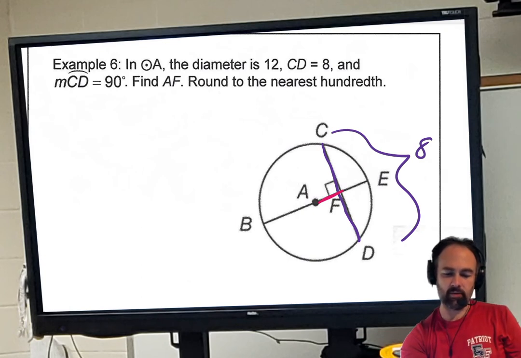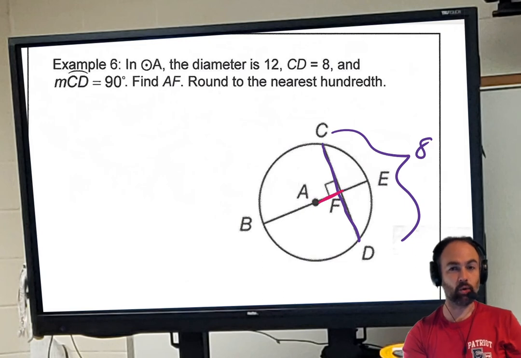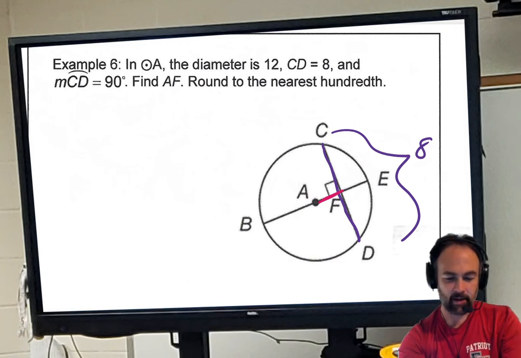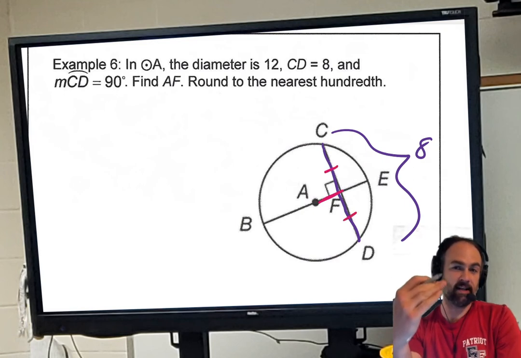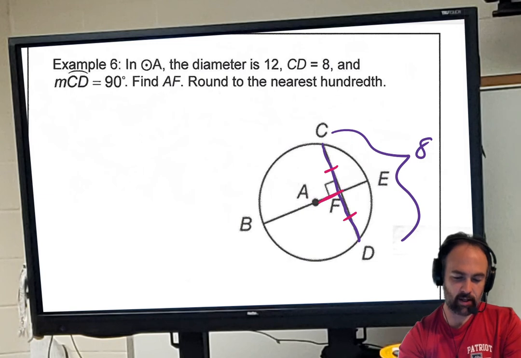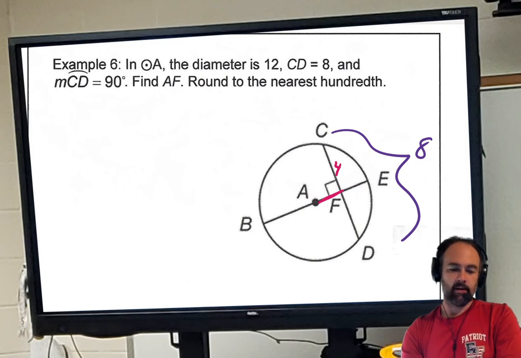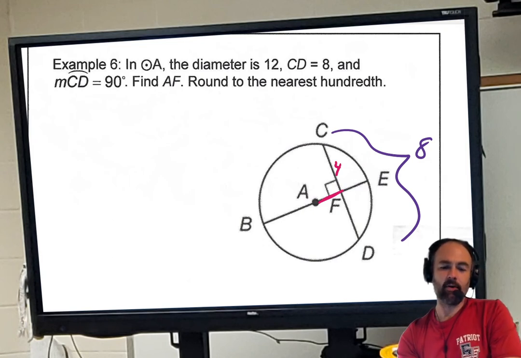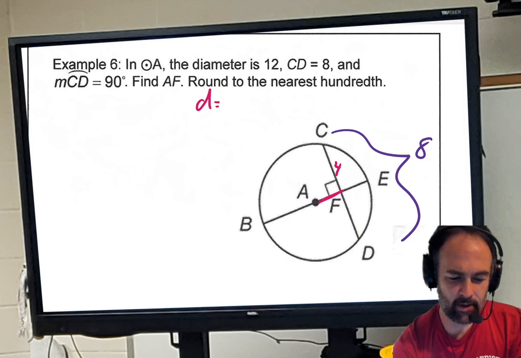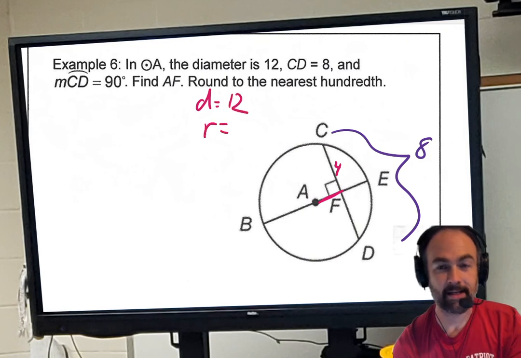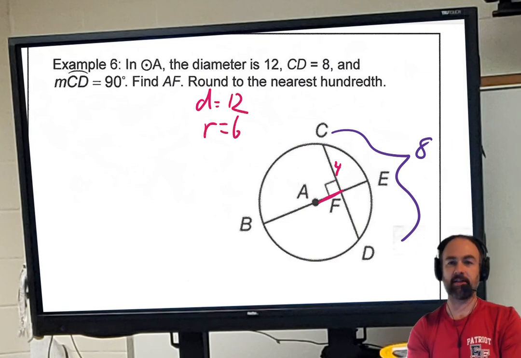Because the diameter is perpendicular to CD, that means that CD has been cut in half. So this equals this, and if the whole distance from C to D is 8, then each of those is 4. So I'm going to go ahead and mark that in on just one of them. This piece is 4. Now, the diameter is 12. If the diameter is 12, then the radius is half of that, which is 6.